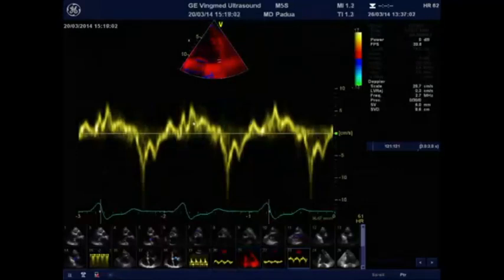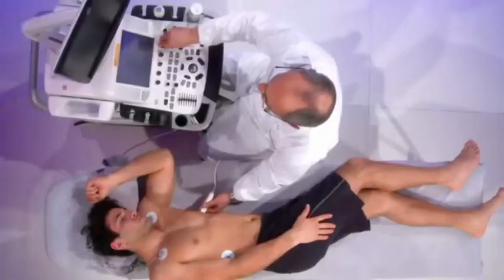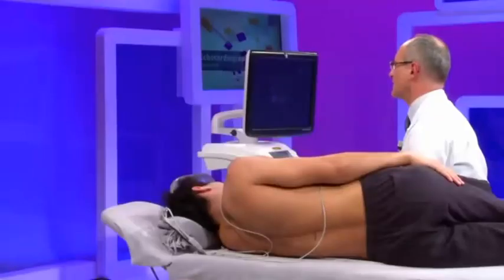And then you make the ratio between the E wave measured on the transmitral pulse Doppler and the average of the E prime velocities taken at the septum and the lateral wall. Doing that, I will go on looking at the function of the left and then the right ventricle.